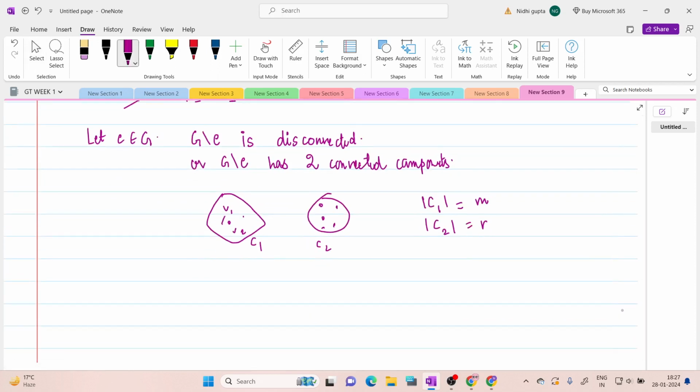So this M is strictly less than N and this R is also strictly less than N. This graph is G minus E. It has two connected components, say C1 and C2.